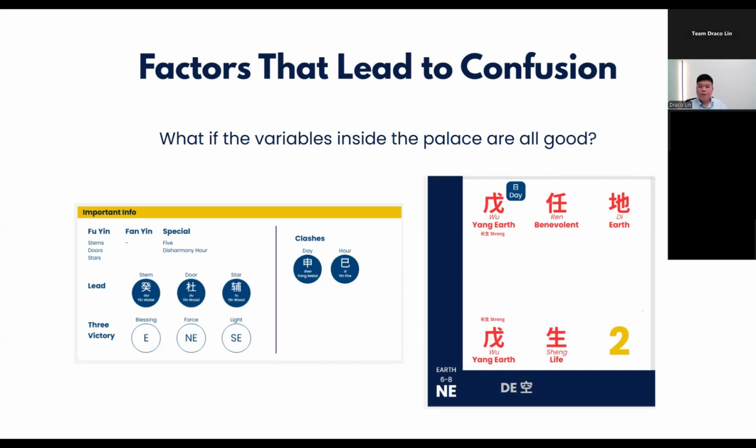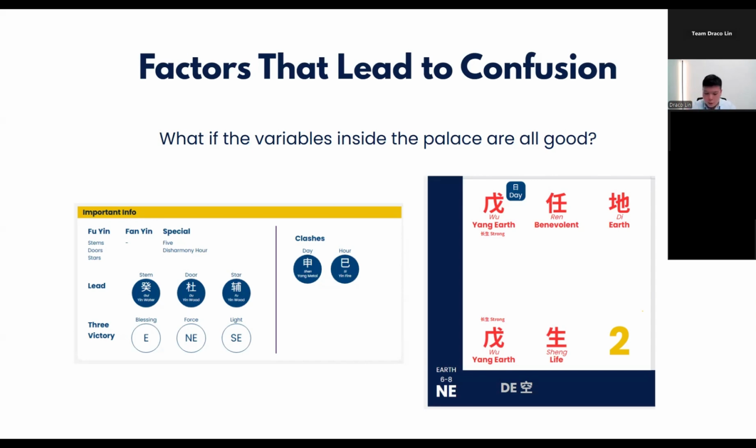But what if whatever is inside the box, all these different variables, are good? Do you still consider this a bad forecast or a bad palace to start? That's the number one thing.